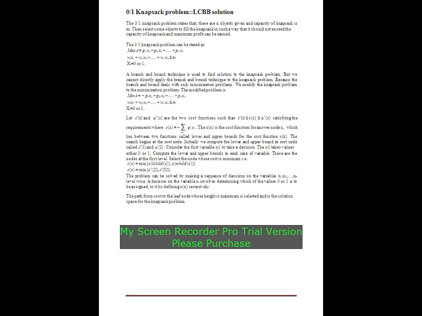Then select some objects that fill the knapsack without exceeding the capacity of the knapsack, that is nothing but m. So this is stated as maximize z equal to p1x1 plus p2x2 plus up to pnxn, where the pi are the profits and the wi are the weights, subject to w1x1 plus w2x2 plus up to wnxn less than or equal to m.